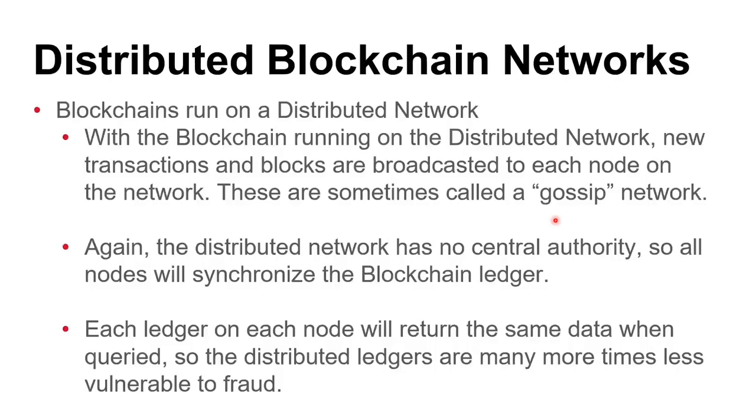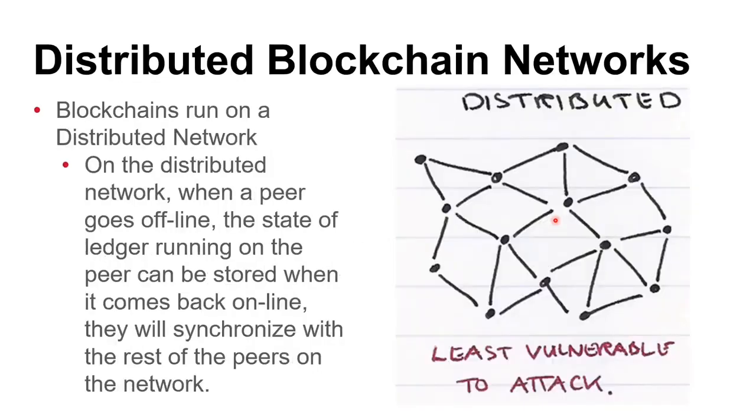So we need some way to come to consensus again. We've already talked about consensus, and resynchronize periodically. Each ledger on each node will return the same data when queried. That's important, because even on a network that has this level of complexity, there is still supposed to be only one ledger.